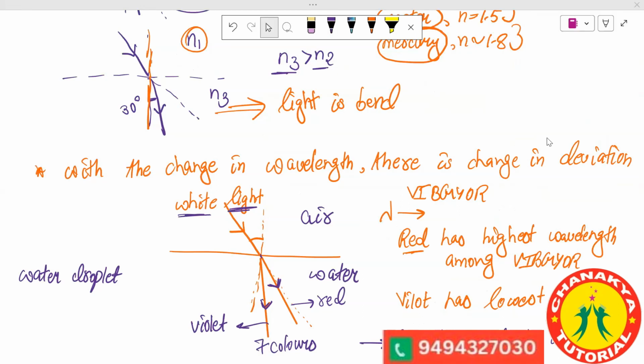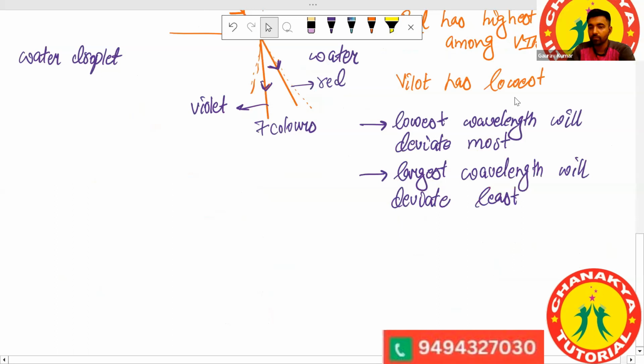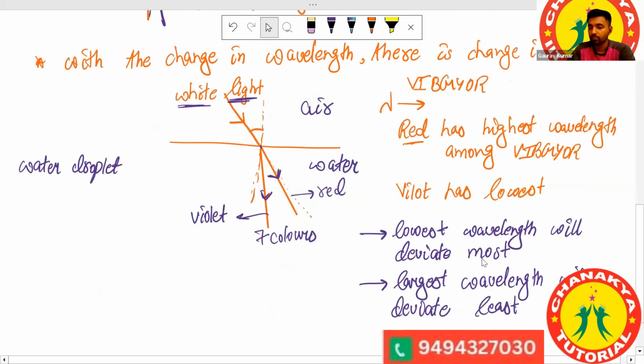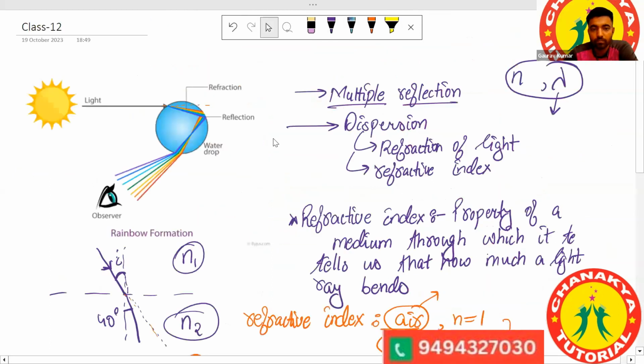Sir, so we can say that if it has more frequency, there will be more deviation. Yes, we can say that, because frequency and wavelength are inversely dependent. Fine.